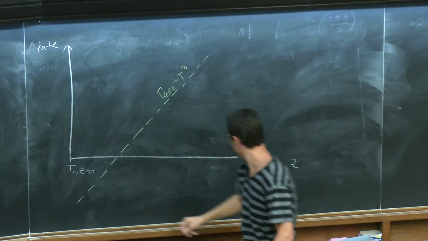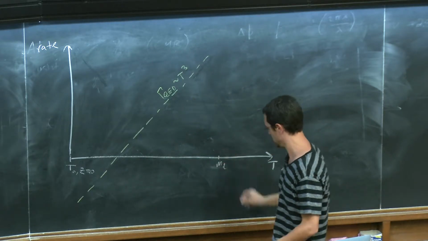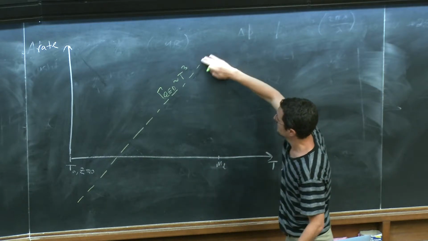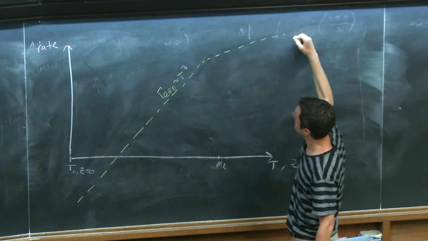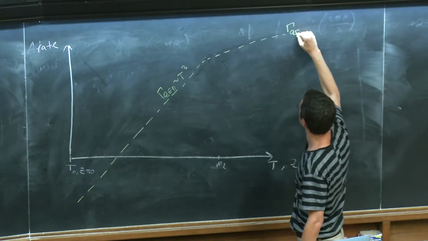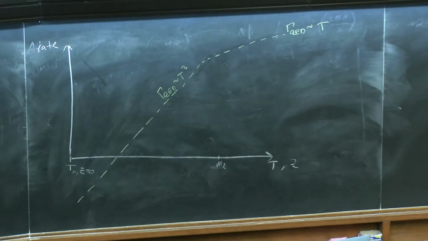And at some late time, when the temperature hits the mass of the electron, let's make this ME, this rate better break and soften up and continue to go like a single power of T, okay? With some alpha squared in front. Okay, so this is QED.